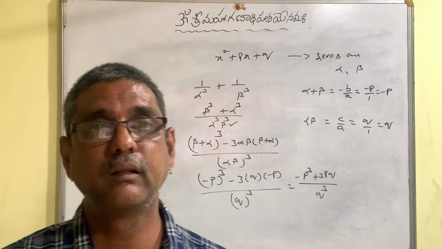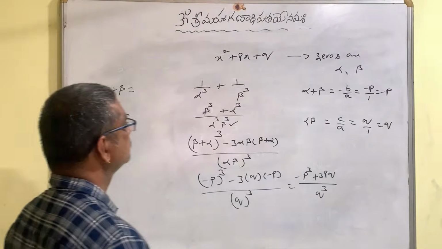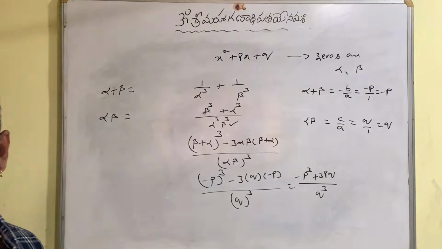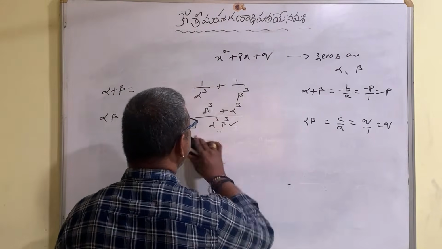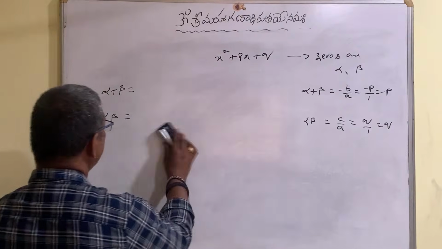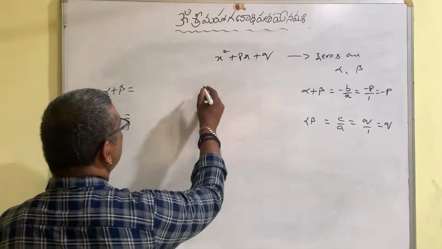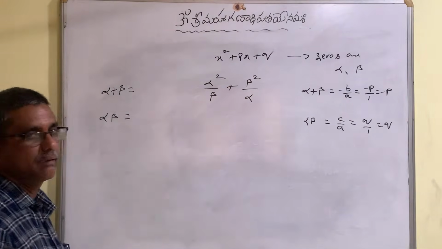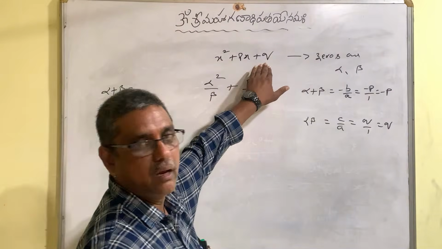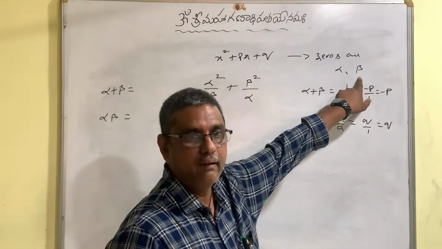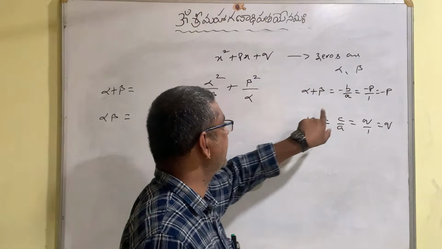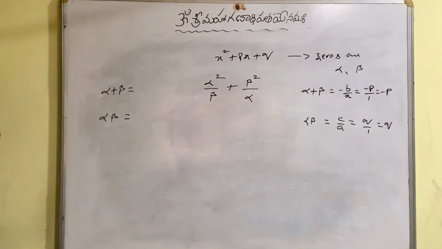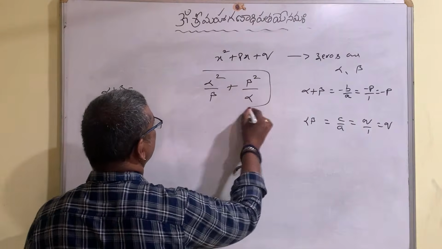The most important thing is, whatever the problem is given to us, for example, alpha square by beta plus beta square by alpha. This is the quadratic polynomial. Its zeros are alpha and beta. Alpha plus beta is minus p. Alpha beta is q. We need to write that one, and we have to find out this value.